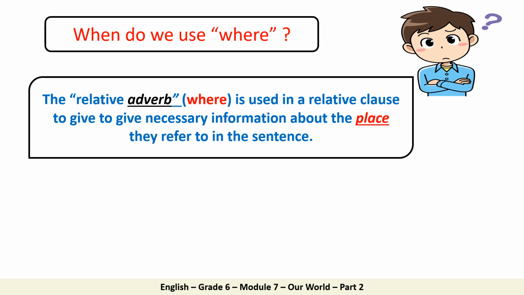What I mean by that, we need to use where to refer or to talk about a place that we already mentioned in the beginning of the sentence to give extra information about this certain place. And like we said before, this is only used as an adverb in a relative clause. All right, so it's not a question, it's used in a relative clause. All right, let's check an example together.